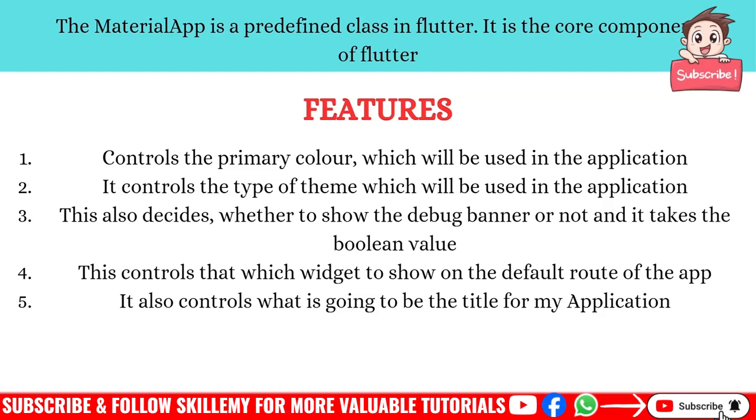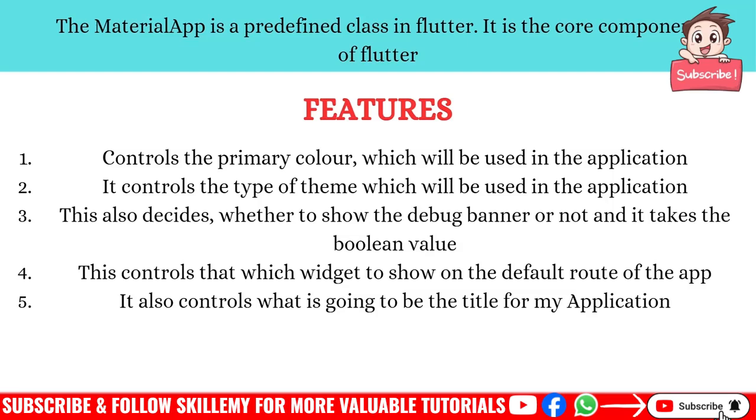So over here, you guys can control whether you want to see that particular debug banner inside your application or not. It basically takes the Boolean value. Using true and false, you can decide whether you want to see the debug banner or not.